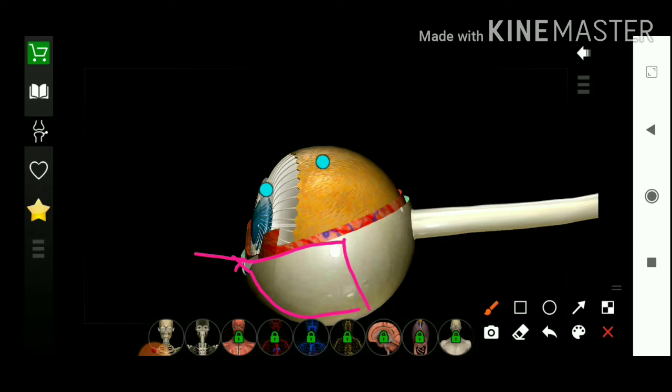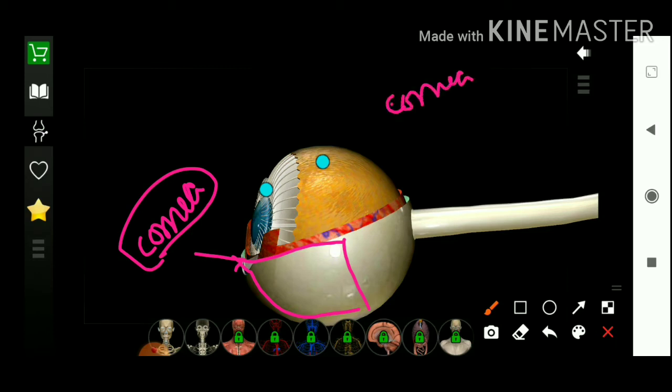The cornea and sclera are both avascular structures, and the sclerocorneal junction is very important because from it we mark the distance at which the extraocular muscles insert into the eyeball. This is also an important landmark. Behind the sclerocorneal junction we have the corneal limbus and canal of Schlemm.